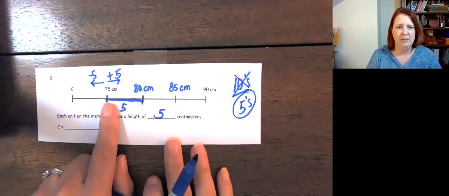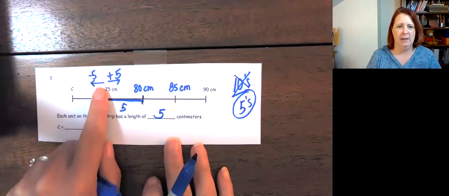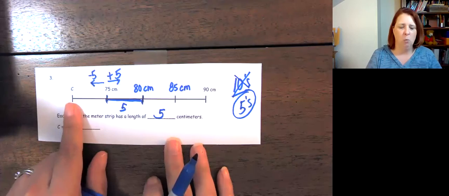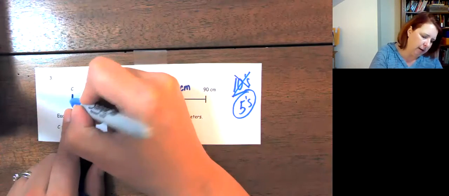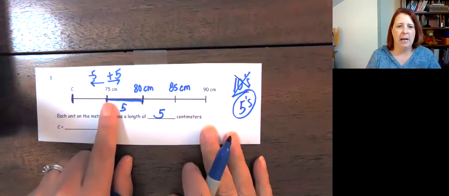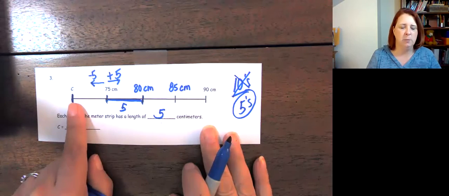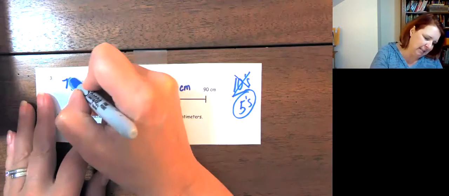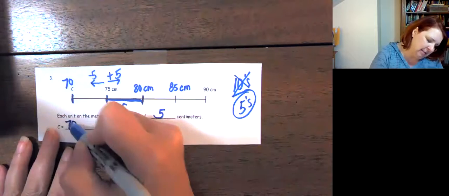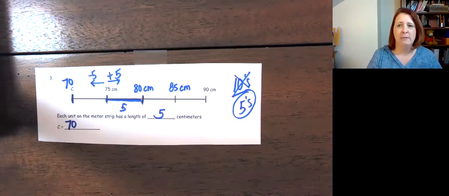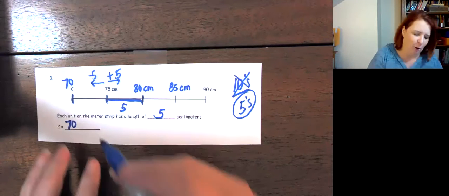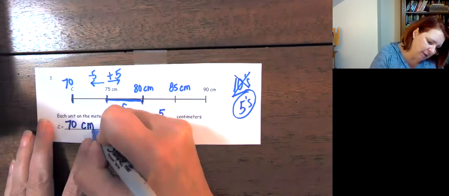All right, so 75 minus 5, because I'm going backwards, what would C be? 75 minus 5 is going to be, that's right, 70. 70 bananas? 70 cupcakes? 70 roller skates? No, 70 centimeters.